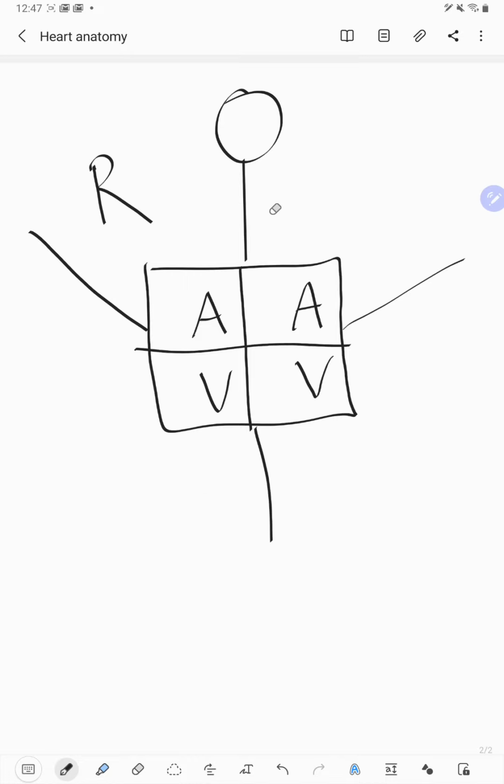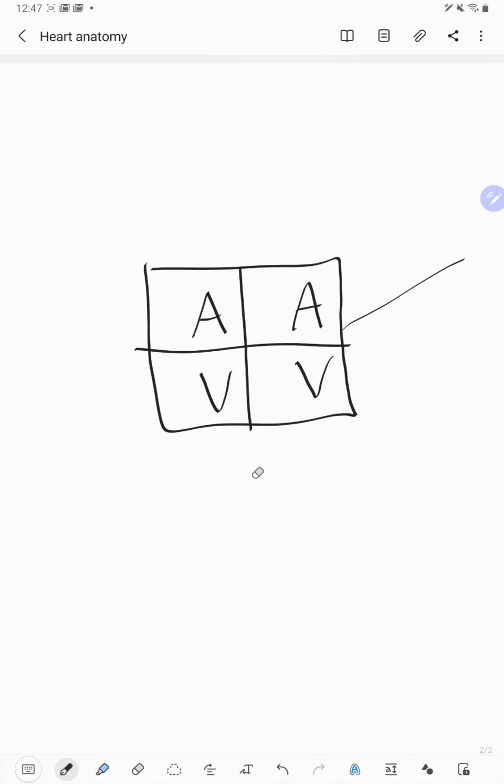So let's use that information to figure out, when we're talking about the heart specifically, what the left and right sides are. So right here, this will be the right side. So we're going to label R's here. And then for the left side, I'm going to label it with an L. So right here, we've got the right atrium.